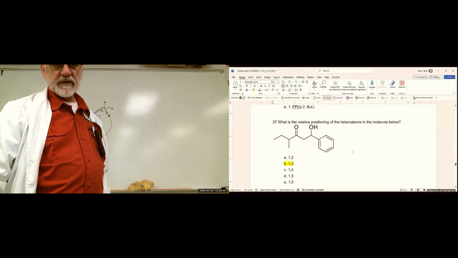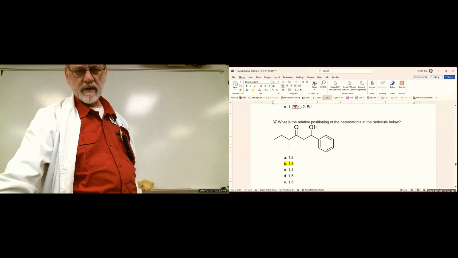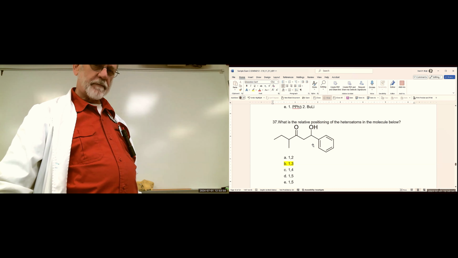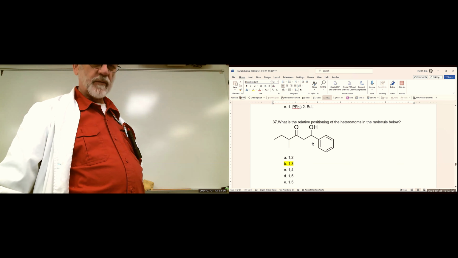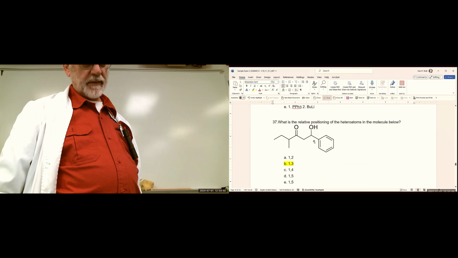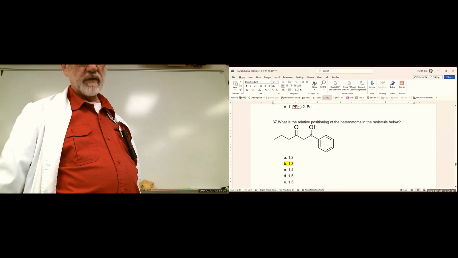What's the relative position of the heteroatoms? This one. Okay. Well, in this case, we count from the phenyl group out, I think. 2, 5, 6, yeah. You know what?